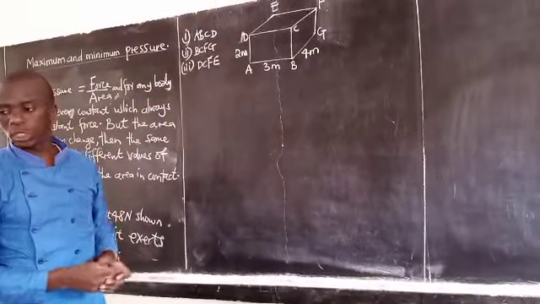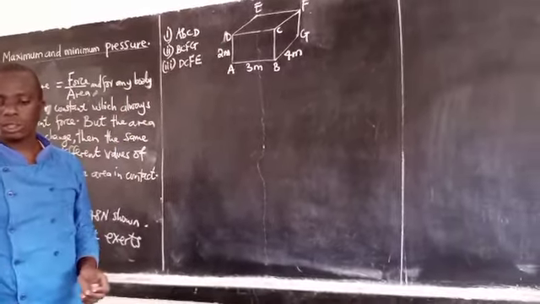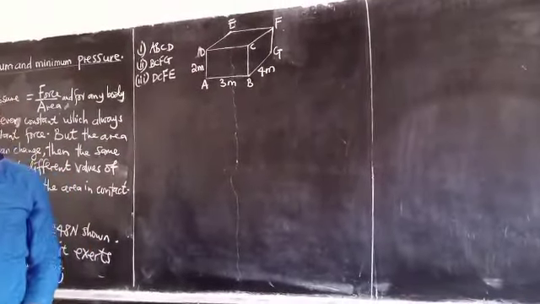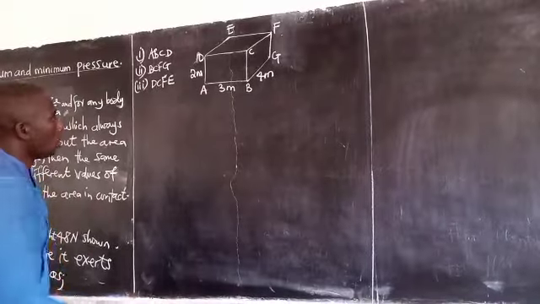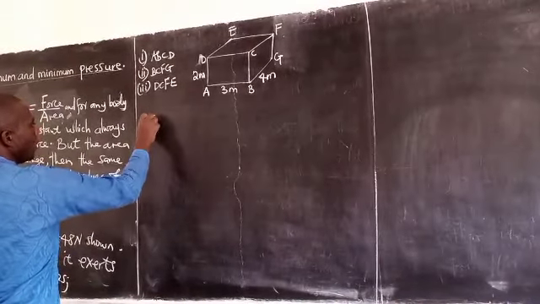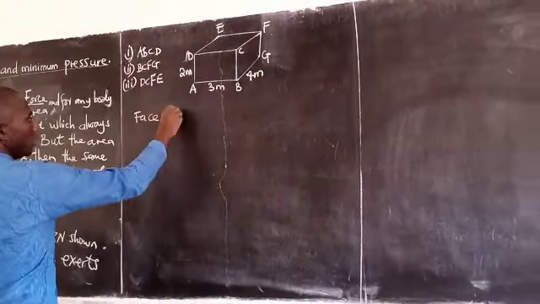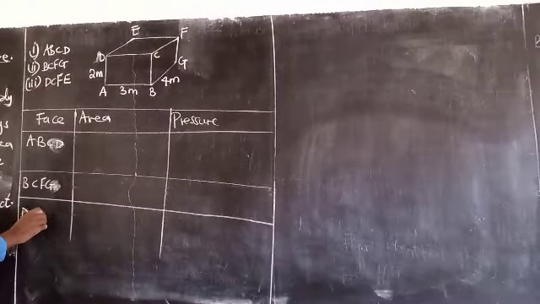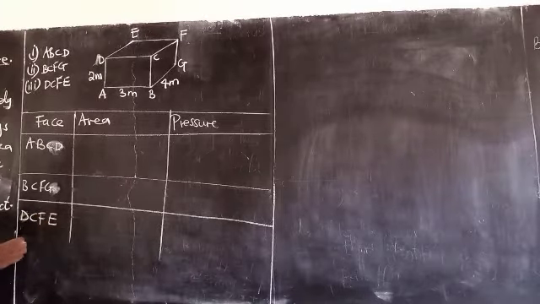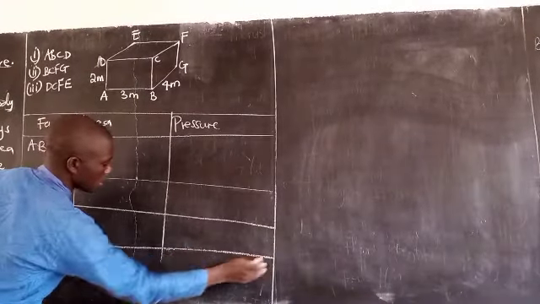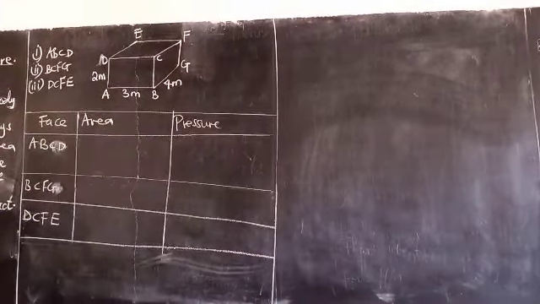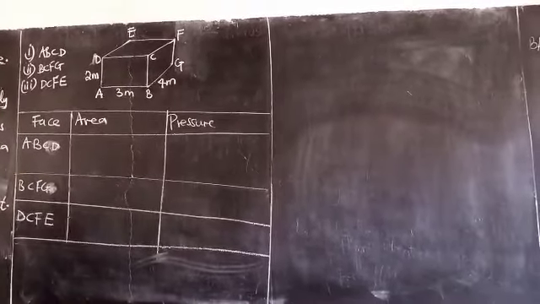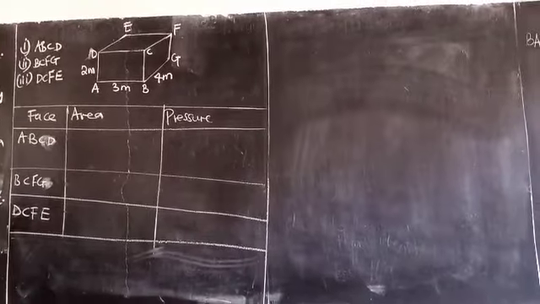I want us to do that, and we are going to summarize our answers in a box. So we can summarize the answers for this particular question in this table.